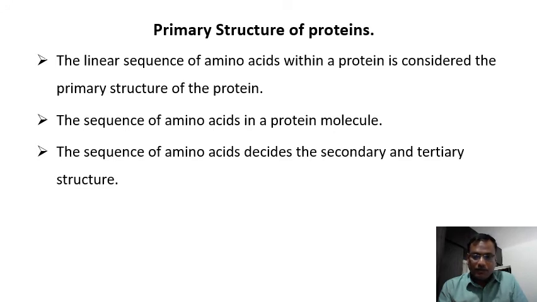Say, for example, you take the English letters. Take a word like rail, R-A-I-L. It is made up of 4 letters: R, A, I, L. You can think of R, A, I, L as amino acids.